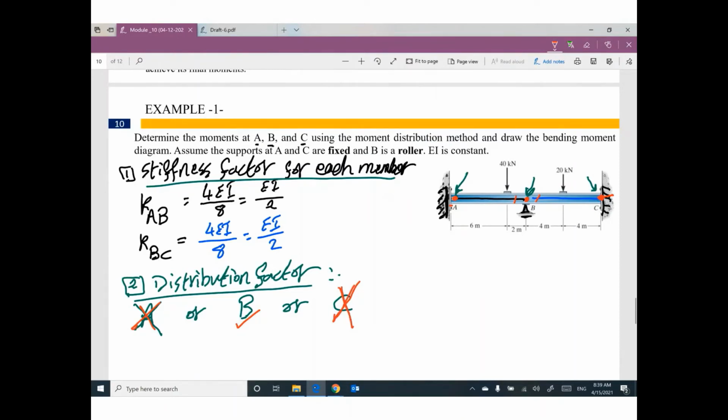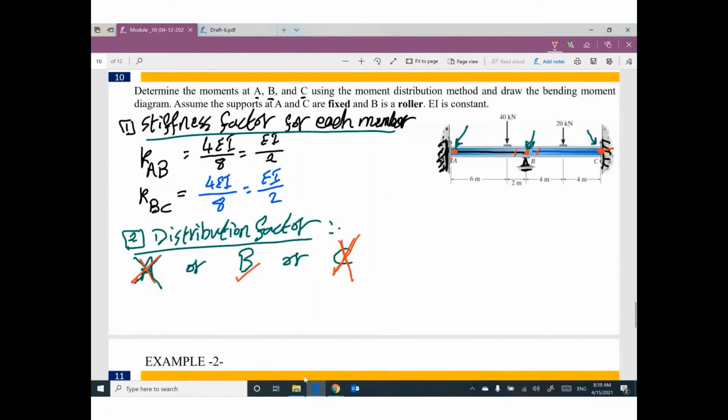But at B, we will do. Okay? So can you tell me what is the distribution factor for BA? What is the distribution factor for BC? This side BA and this side BC.